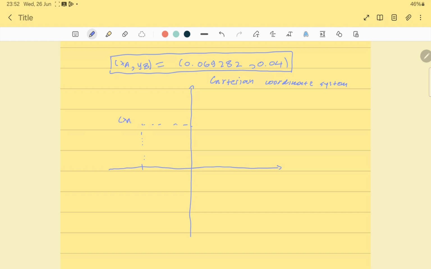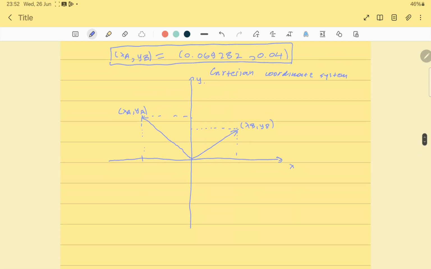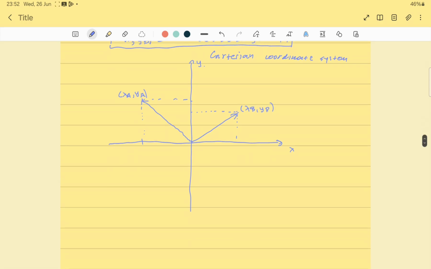So XA, YA should be here. XB, YB should be here. This is X and this is Y. Here is to make it a little bit more visual. This is why we create this diagram.